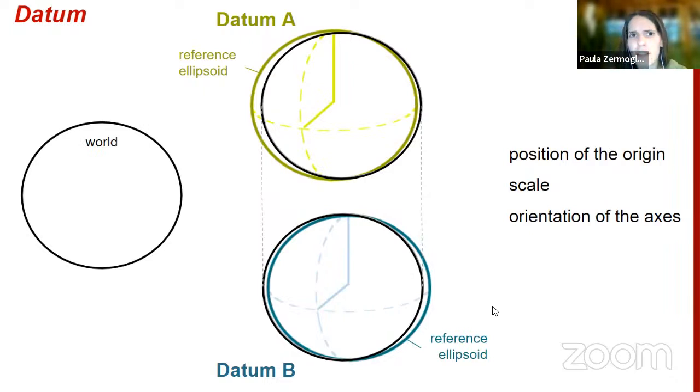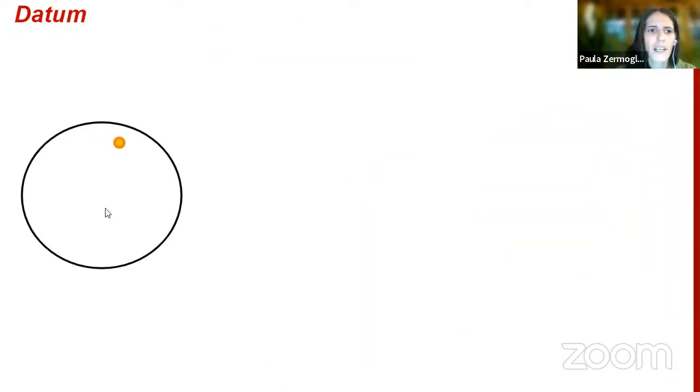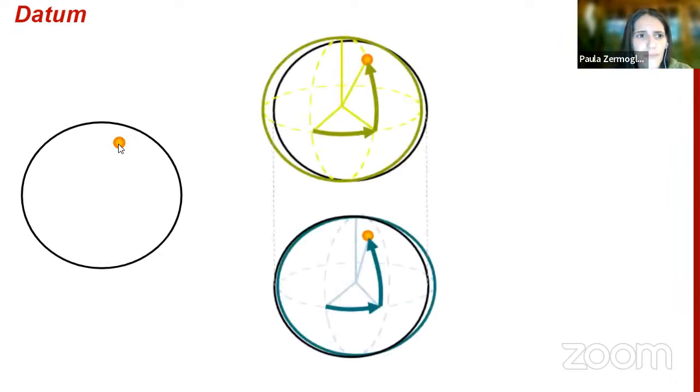Now, why is this important? If we overlap these datums, we see that they differ quite a bit in my graph anyway. So we can see that we can have differences in origin, in scale, and in orientation of the axis. Now let's bring it to a particular case. We're here, standing just here on Earth, on that little yellow dot.